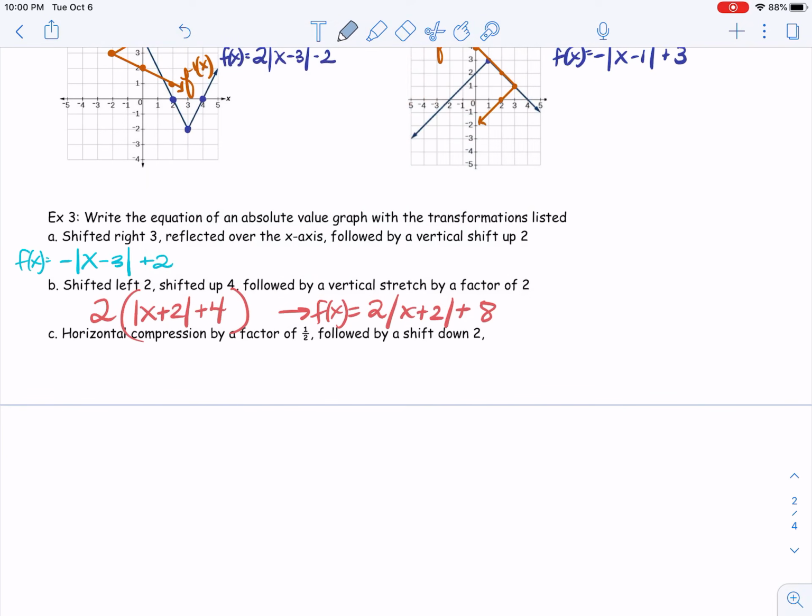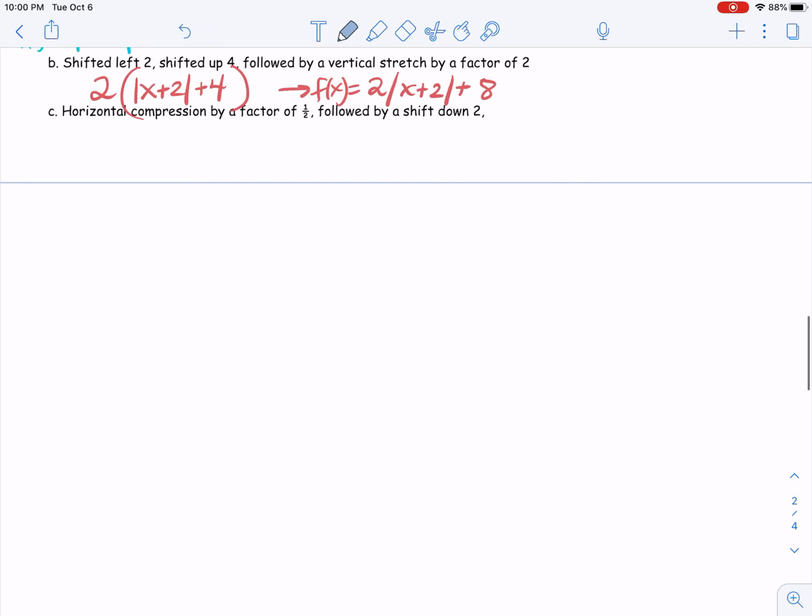And then the last one, it says a horizontal compression by a factor of 1/2. Be careful there. Remember, horizontal compressions and stretches are the opposite of what you think because you're dividing by that number. So if you saw something like x divided by 2, this is actually a stretch because I'm dividing by 2, which is actually the same thing as multiplying by 1/2.